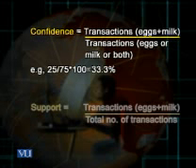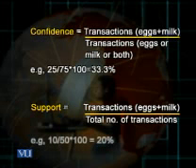On the other hand, support, you can see, is equal to transactions in which eggs and milk are sold together divided by total number of transactions. So if in a day there are 10 such transactions in which eggs and milk are sold together, and there are a total of 50 transactions in a day, when we divide 10 by 50, multiply with 100, we get 20%.